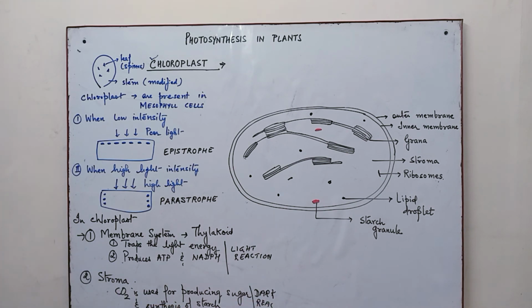These are dependent upon the products of the light reactions, that is the ATP and NADPH. So the light reaction and the dark reaction, which take place in the chloroplast, together perform the process of photosynthesis.